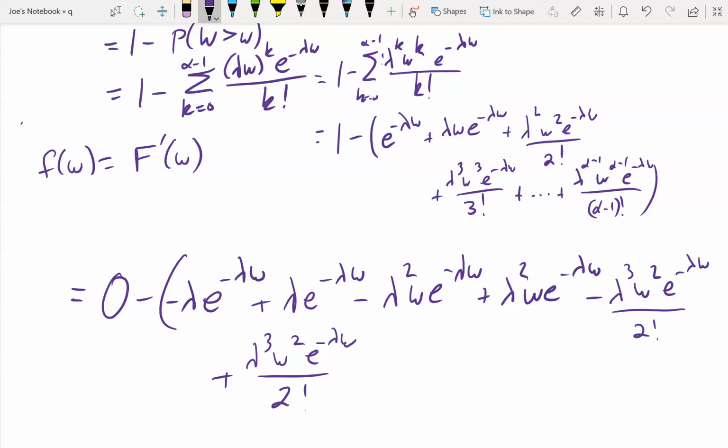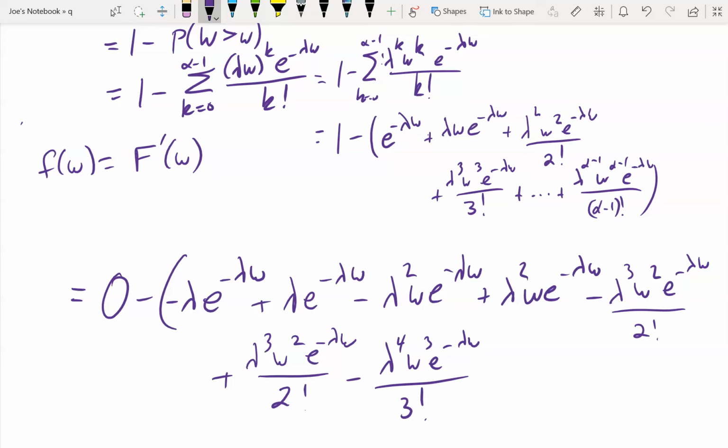And notice that's going to cancel with the previous one, right? The next one's going to be what? Yeah, lambda to the 4th over 3 factorial, right? But we can probably guess what the next one's going to be, right? The next term is going to have a w to the 4th and a 4 factorial.